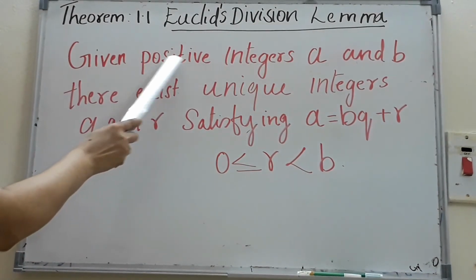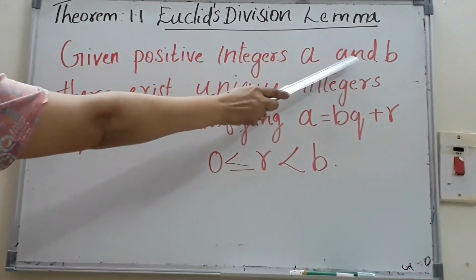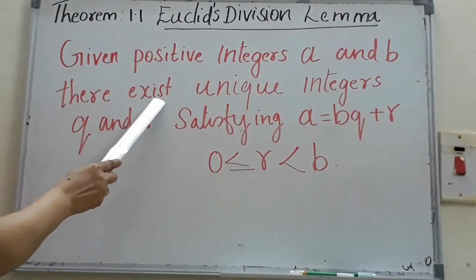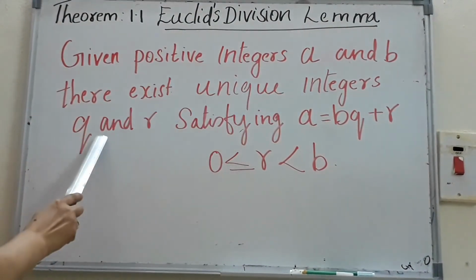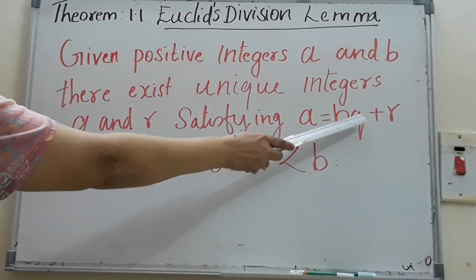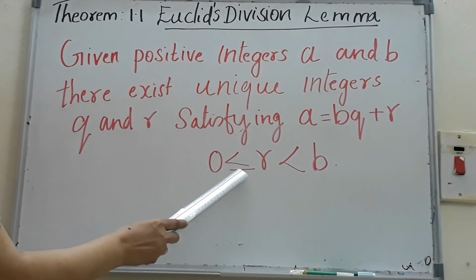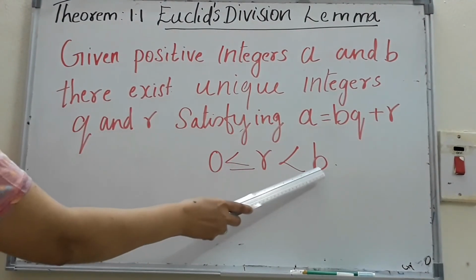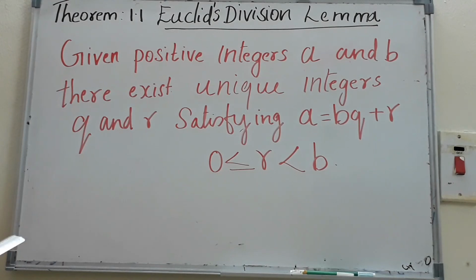Given positive integers a and b, there exist unique integers q and r satisfying a is equal to bq plus r, 0 less than or equal to r less than b. Okay, children, you have to study this theorem very well.